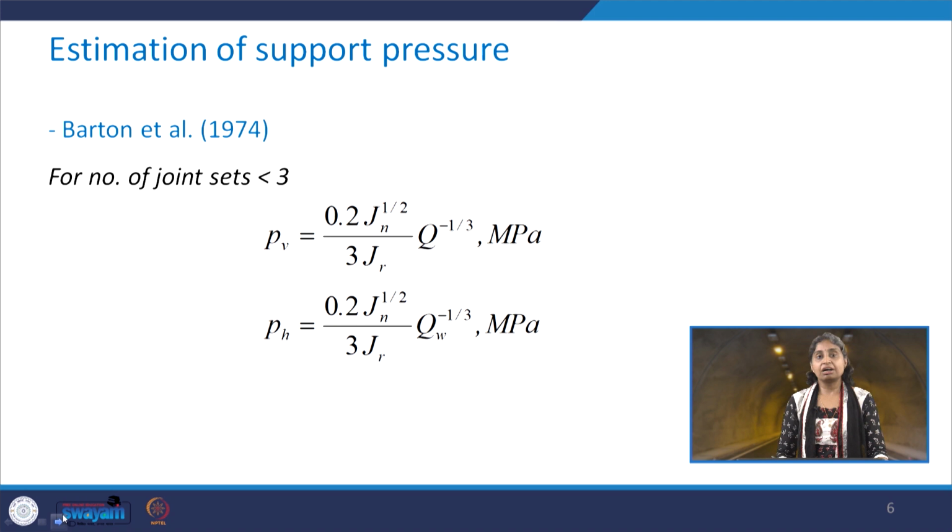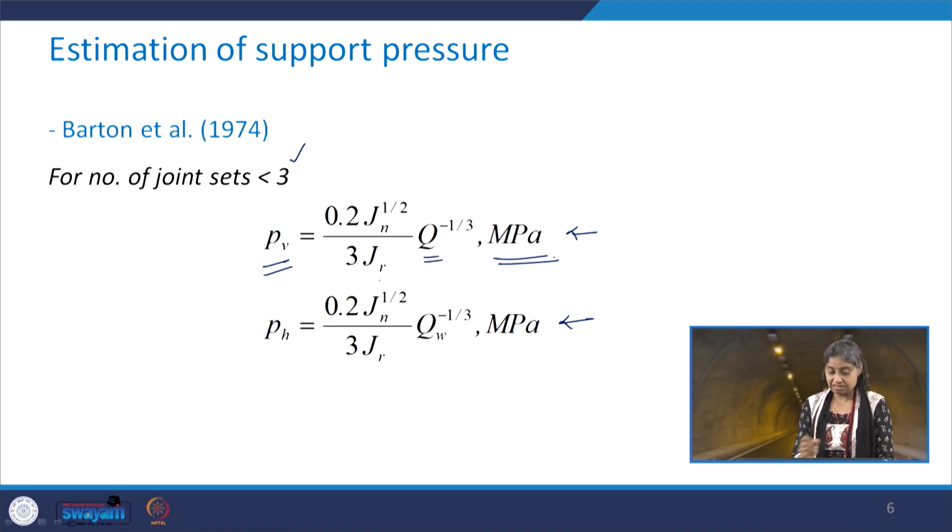In case the rock mass has fewer than 3 joint sets, the support pressures can be determined from these two expressions, where PV is equal to 0.2 Jn to the power 1/2 upon 3 Jr, into Q to the power minus 1/3 in megapascal, and the horizontal support pressure is given as 0.2 Jn to the power half upon 3 Jr, Qw to the power minus 1/3.